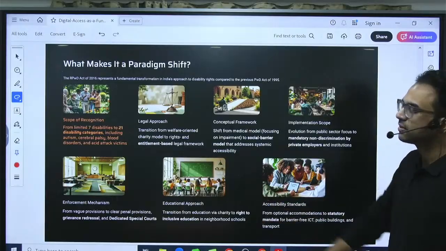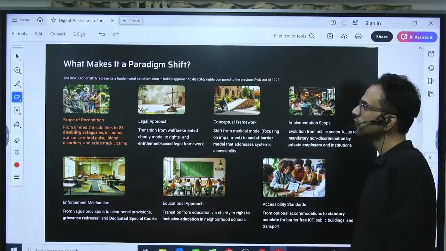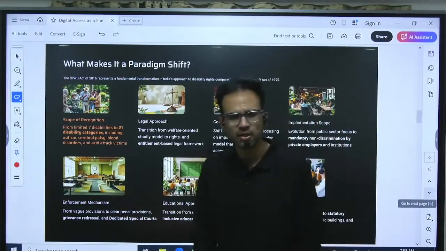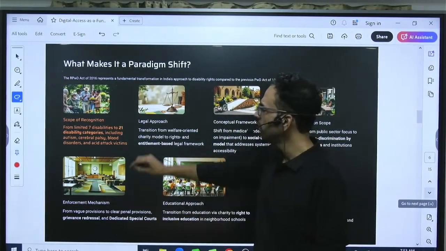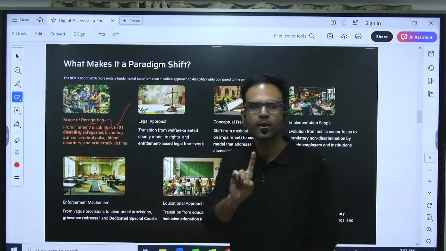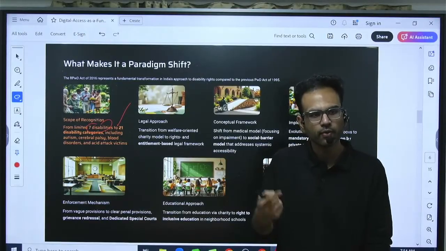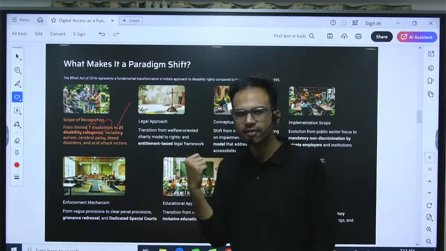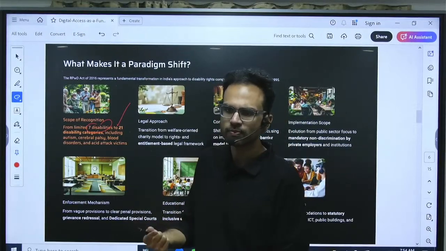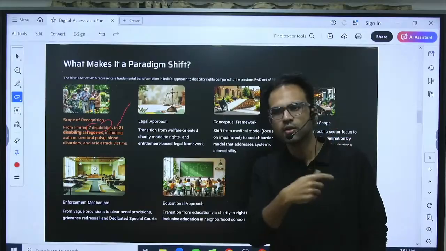I'm summarizing the entire law with respect to this Rights of Persons with Disabilities Act. Firstly, the number of disabilities increased from 7 to 21. That is why it is a paradigm shift. So if I have to argue why it is a paradigm shift, you need to note down, right? This is not there in today's article, just so you can note it down. You can take these notes and put them in your vulnerable sections notes.